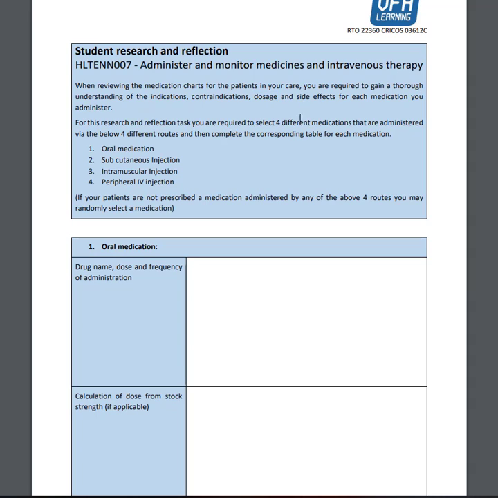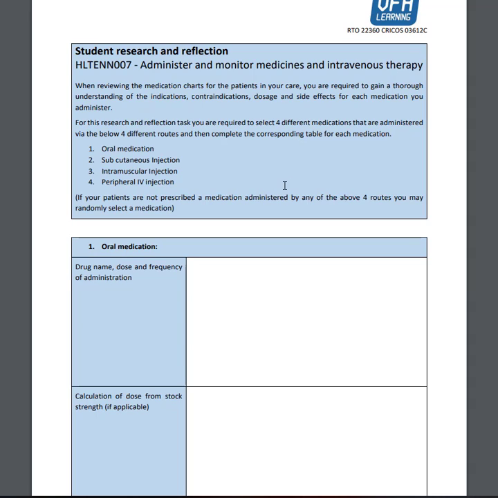that may occur. Now we want you to choose 4 medications that are administered through 4 different routes. So an oral medication, a subcut, intramuscular, and a peripheral IV injection. So 4 medications from 4 different routes.